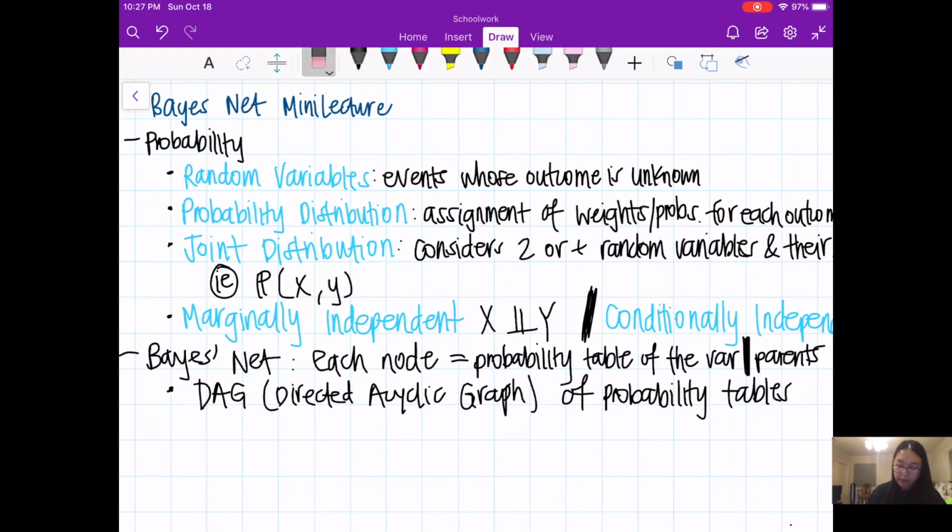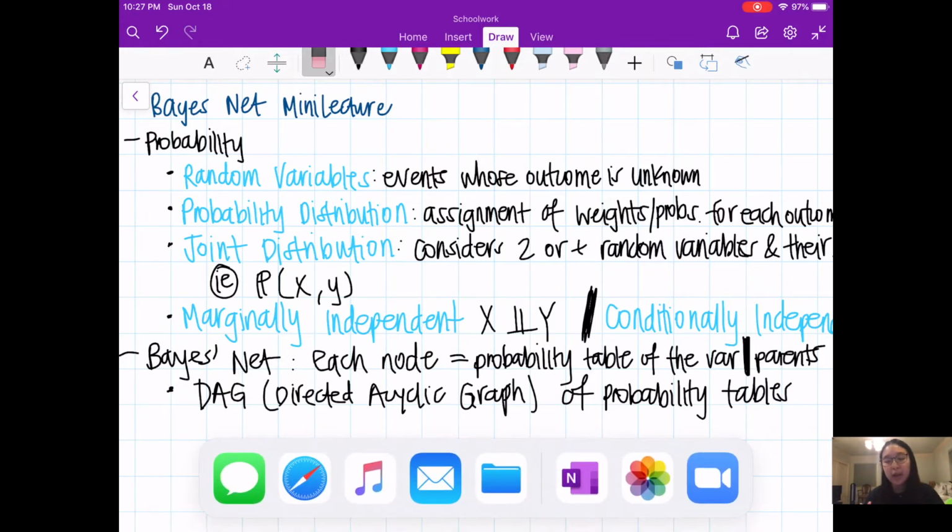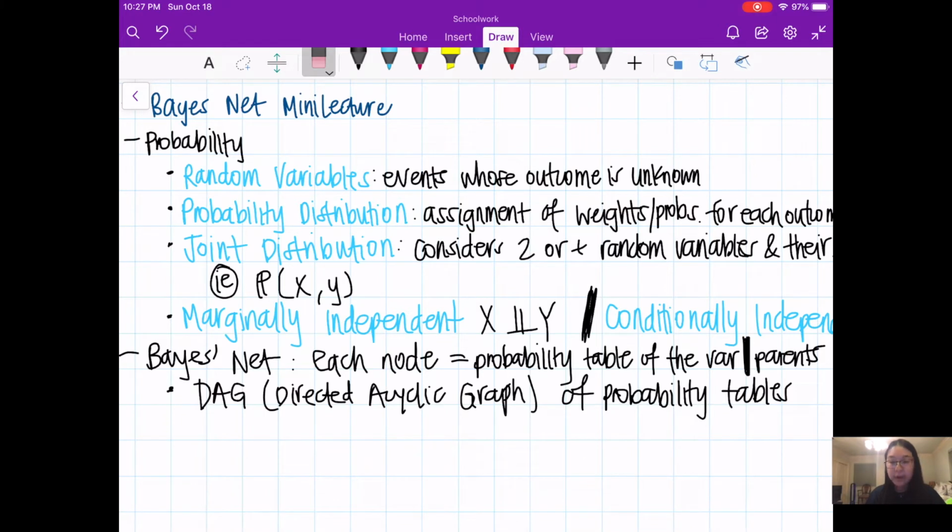The whole point of having this DAG of probability tables instead of just one big probability table is memory. We don't want to store all the different possibilities in a huge table and have to look it up every time. We want a more memory efficient way of storing it. That's why we have this DAG of smaller probability tables instead.